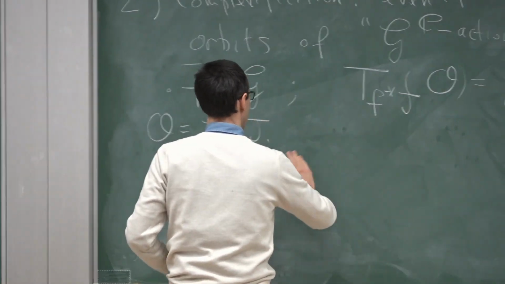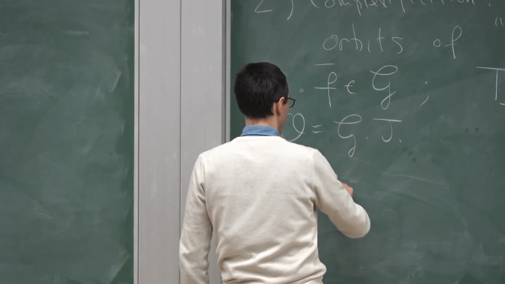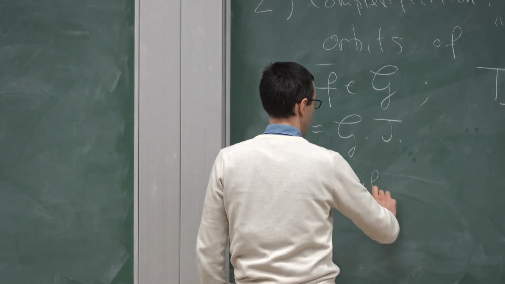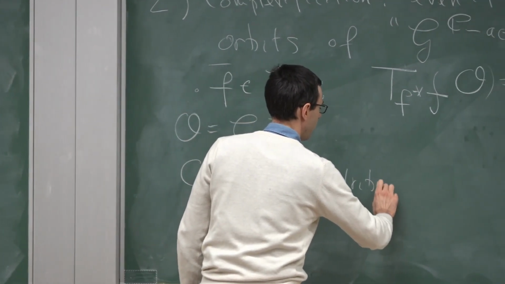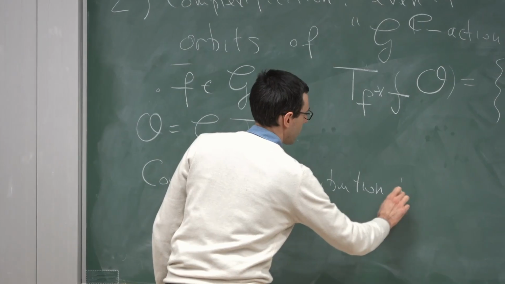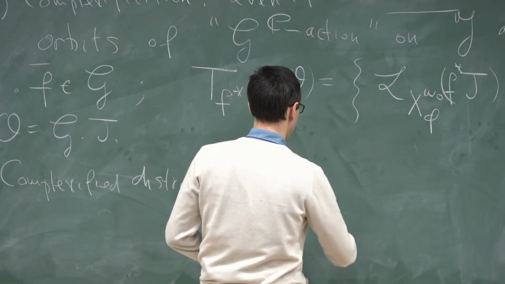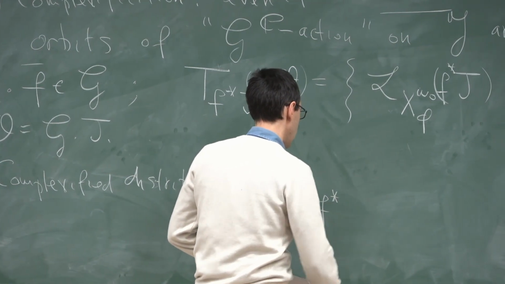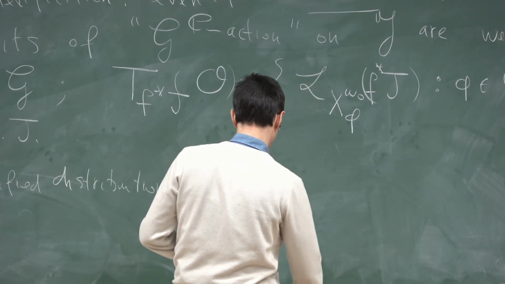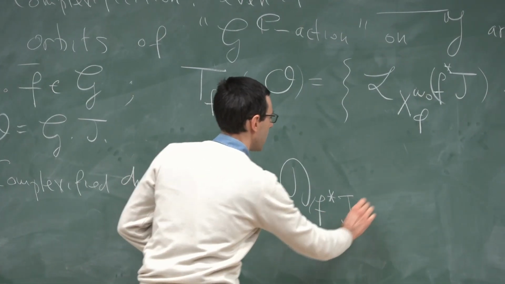So there is a complexified distribution, which is just, let me call it D maybe, and it's the leaf of this distribution at this point f star j.